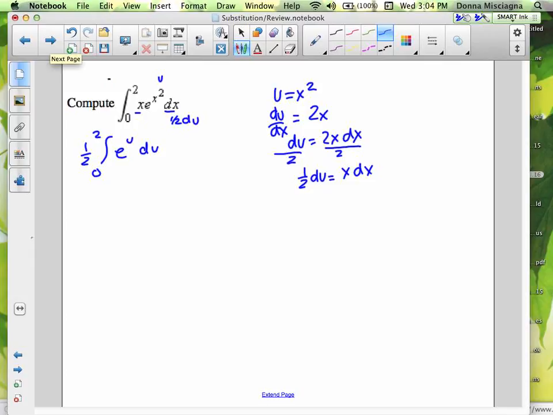So what would be the integral of e to the u? E to the u. So we have 1/2 e to the u, and we're evaluating that from 0 to 2. Oops, before we do that, though, let's substitute back. Notice we're not going to put a plus c, because this is a definite integral, so no plus c.